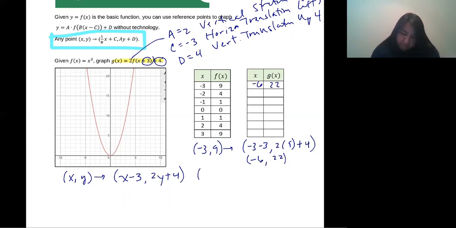You could keep doing that with your values using the coordinate rule that I wrote there. 2 times the y value, add the 4, becomes -5, 12. And I'm going to go ahead and write this in because I've done the math already. Let's see, -2, 6, -1, 12, and 0, 22.